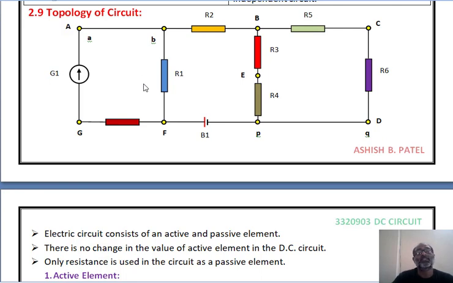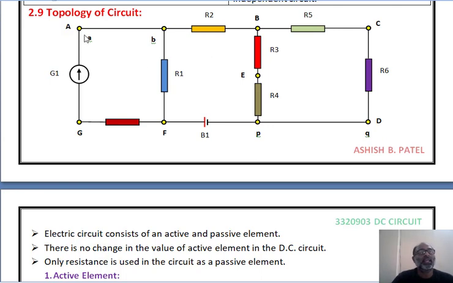Now next, what is a mesh? A mesh is also one type of loop, but there is no closed path inside it. Remember, it is most important. Suppose A, F, G, A is called a mesh. Similarly, A, B, E, F, A is also one mesh.